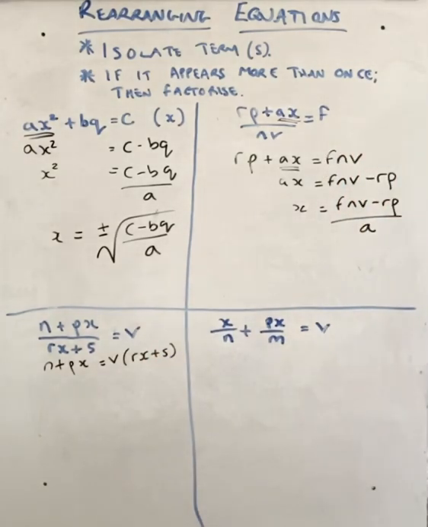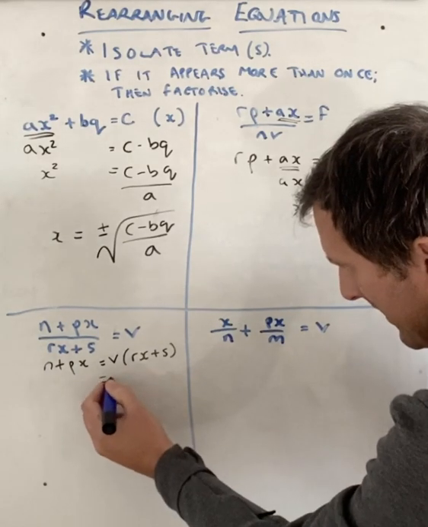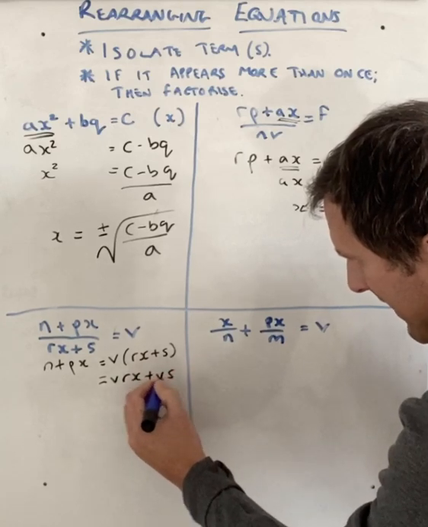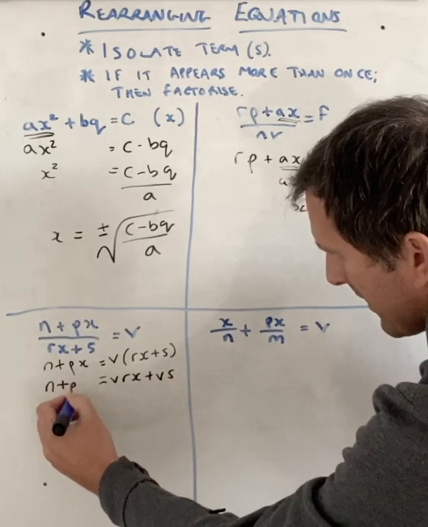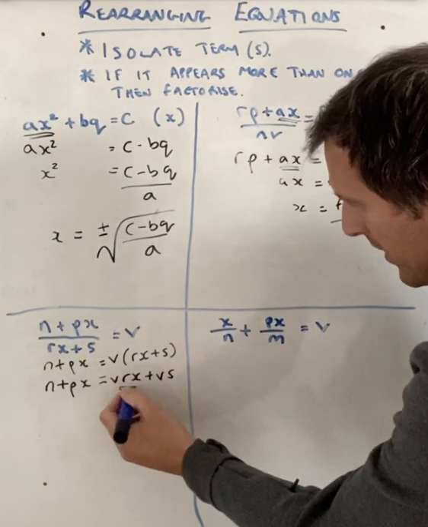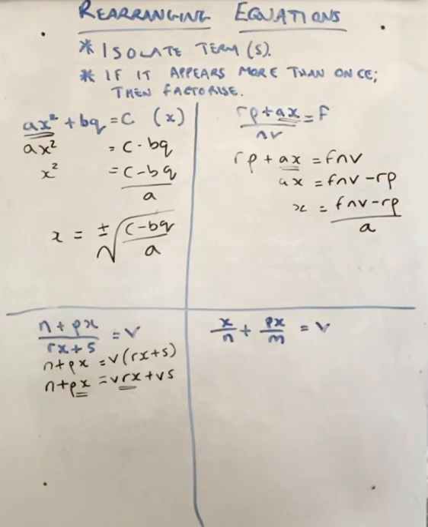And what we're now going to do is expand the brackets to get two separate terms on the right hand side. So vrx add vs equals n plus px. And then, because we've now got two terms that both include the letter that we want, we're going to gather them on one side of the equation.